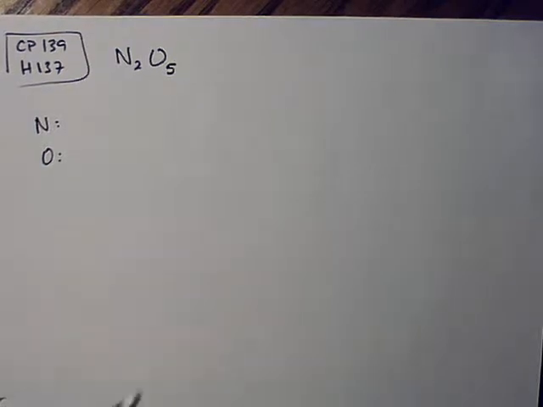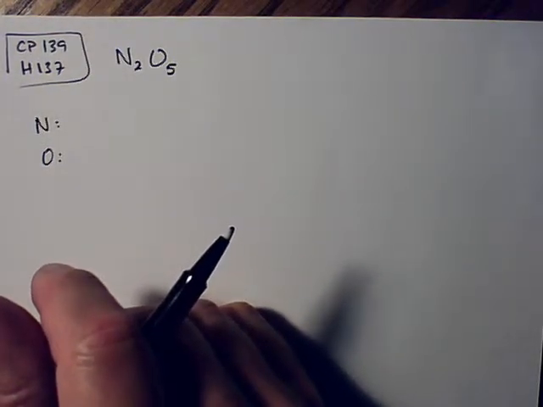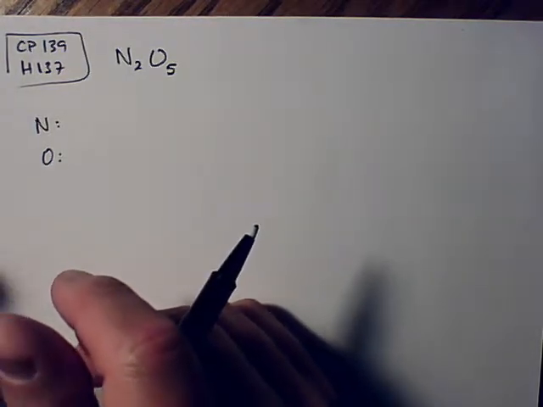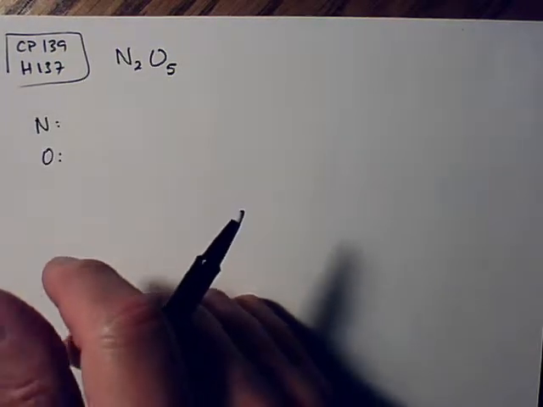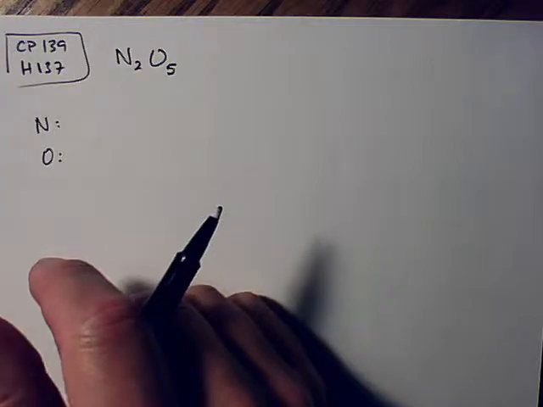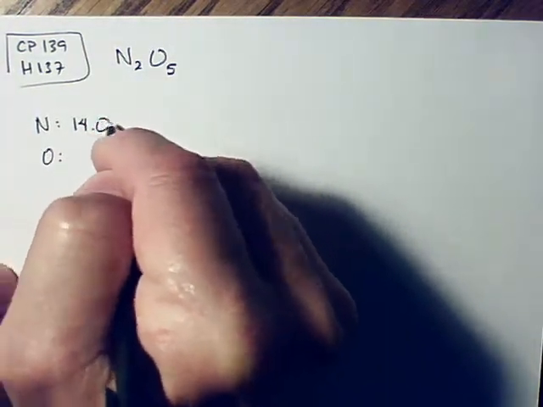So in an honors class, we use a different periodic table than CP, but the process is kind of the same. You're just starting out with slightly different numbers. The honors class periodic table has slightly rounded off numbers. So I'm going to start with 14.01.